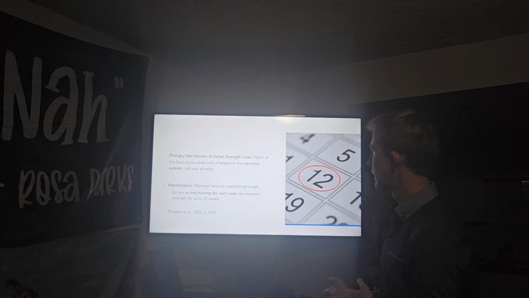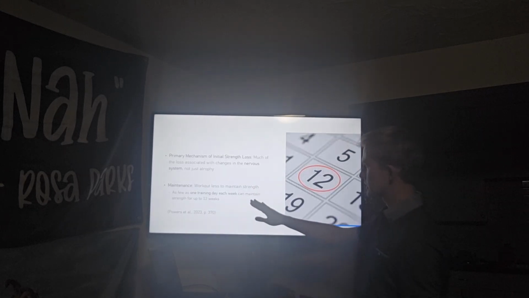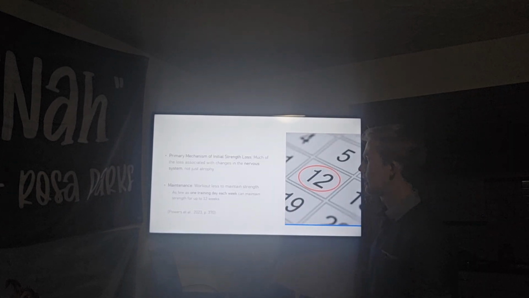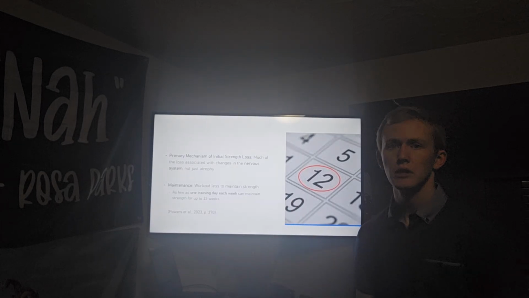And then maintenance. So work out less to maintain strength. As few as 1 day a week can maintain strength for about 12 weeks.